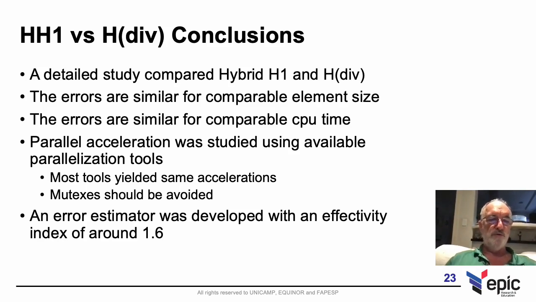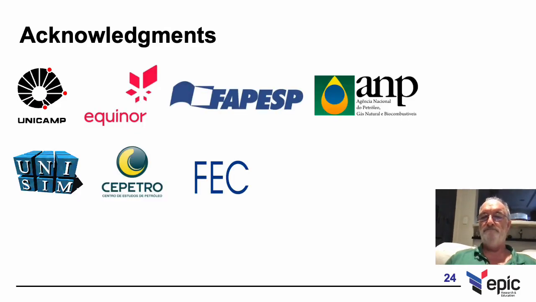We observed that most tools yielded exactly the same acceleration, and we also concluded that mutexes should be avoided in parallel computing of cheaper matrices that are less CPU intensive. Finally, we developed an error estimator which resulted in an effectivity index of around 1.6. The work on the error estimate has been submitted to a journal and is under review.